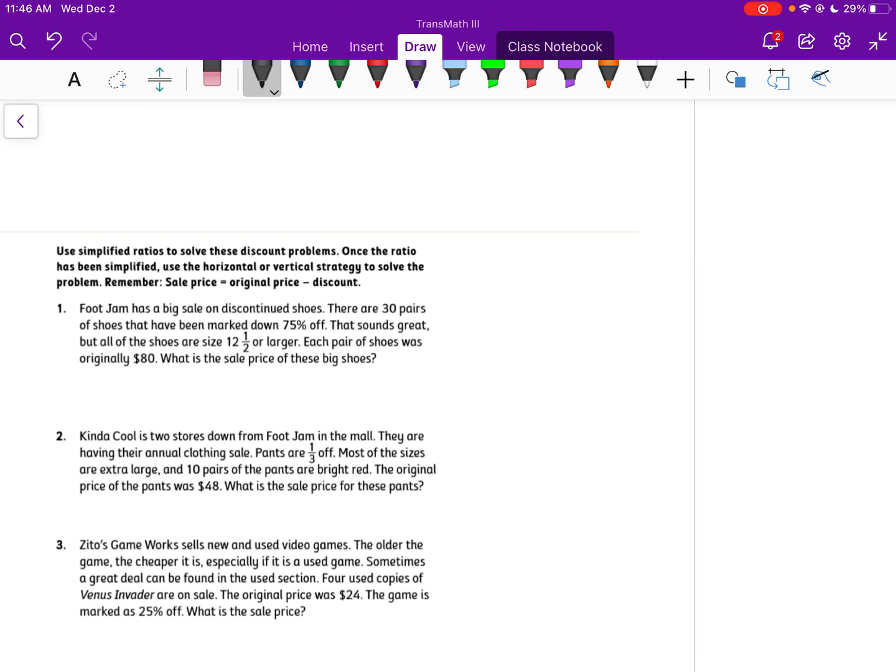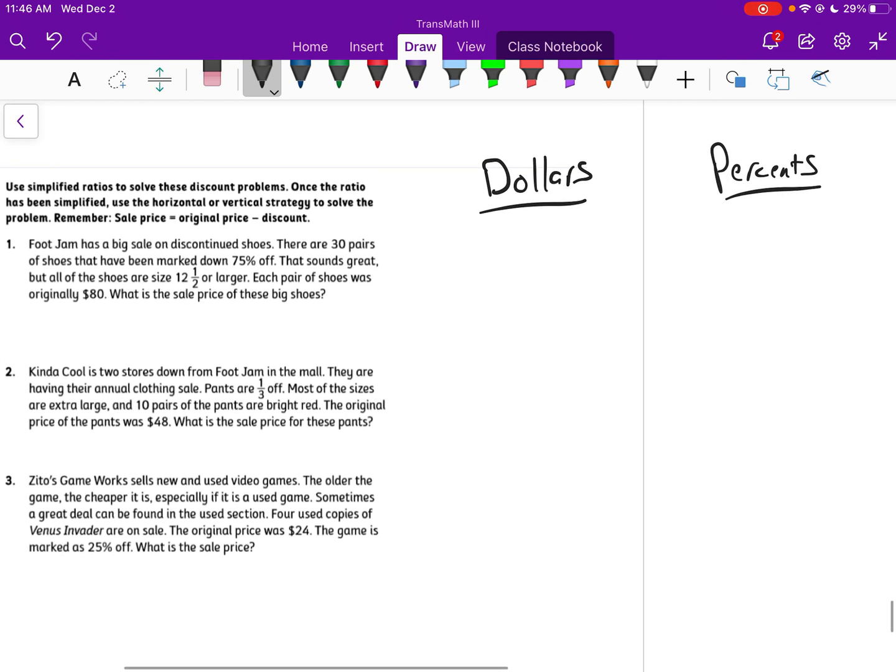Remember, when we're doing this, we split it up. We're talking dollars, and then we're talking percents. So we had a proportion set up.